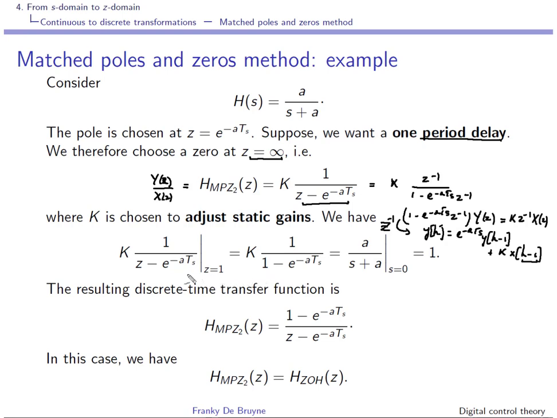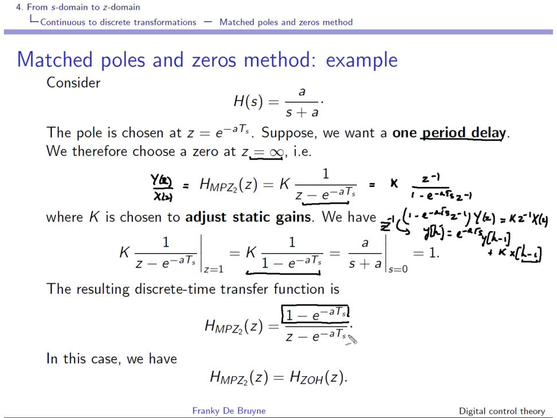We have to make sure that the static gains coincide, right, for the discrete time approximation and for the original transfer function. Here we had a 1. This is the static gain that we have now, and you can see that you have to take k equal to 1 minus the exponential of minus aTs.